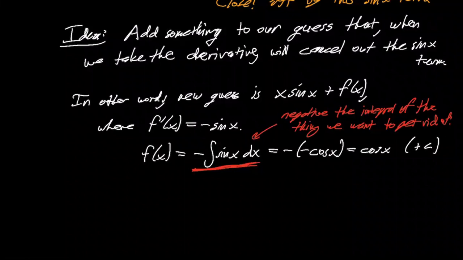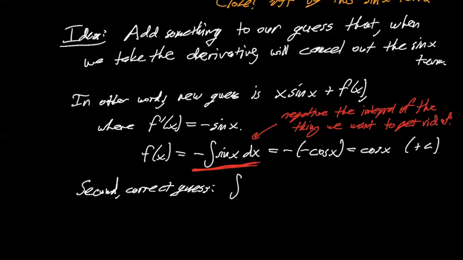Okay, so this is where we were, right? We said this is okay. So we have our new guess. So our second correct guess, we know this is going to work. The integral of x cosine x is going to be x sine x, plus this function, which we figured out is cosine.